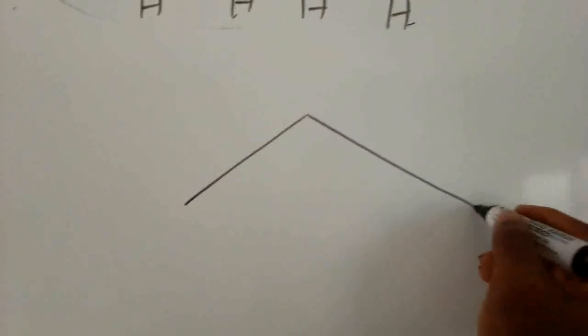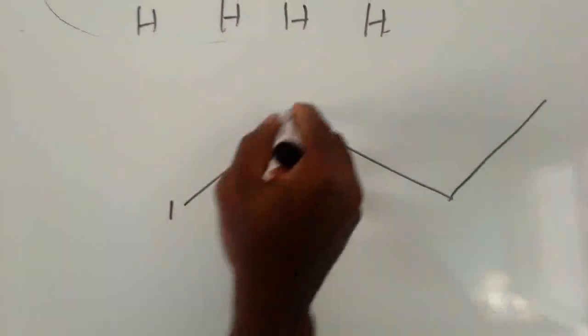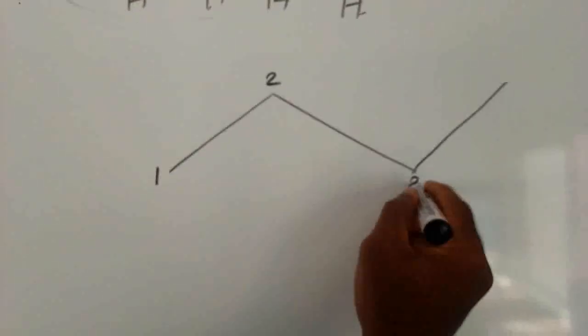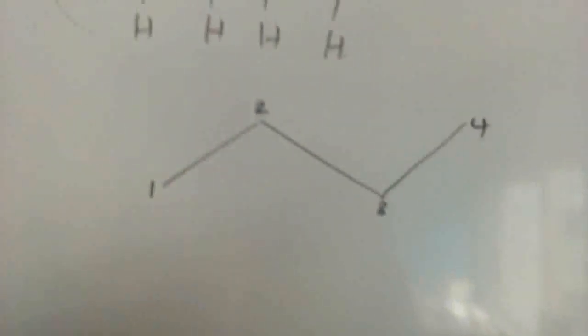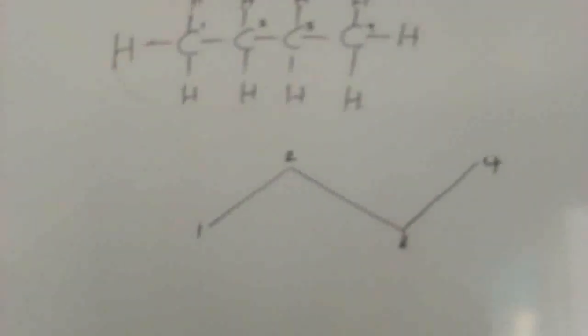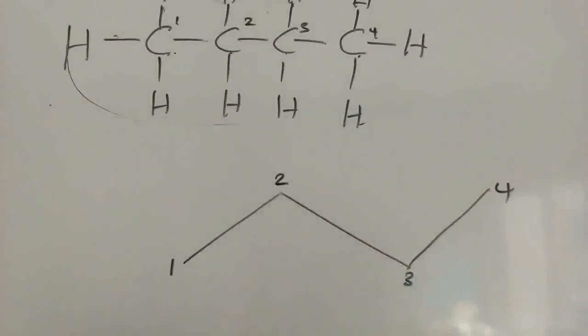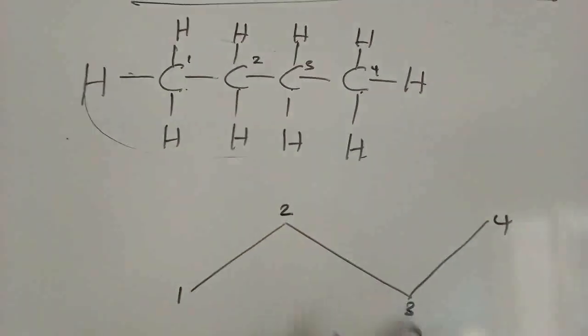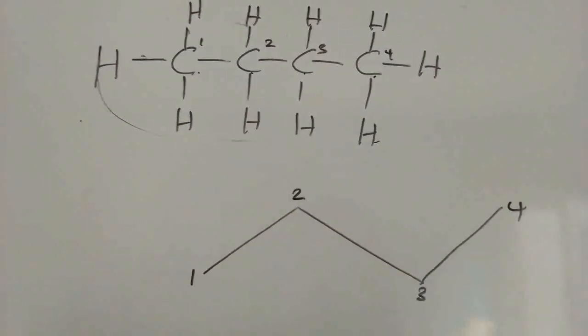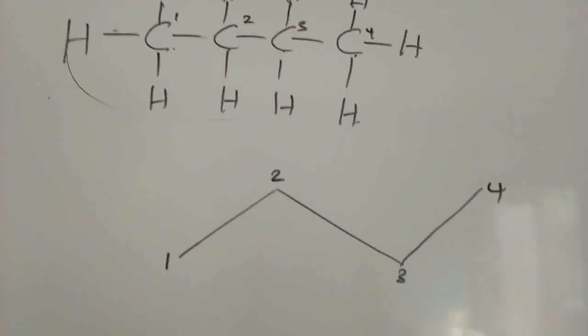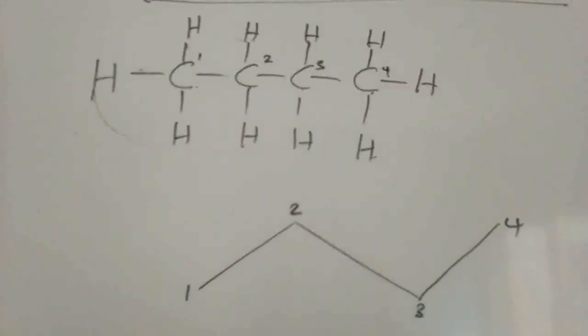Number 1 carbon position, number 2, number 3, and number 4. So this is the skeletal formula, or the line formula, of butane. We don't need to place the hydrogen atoms. We represent the carbon skeleton, with single bonds all through. So that represents the skeletal formula of butane on the board.